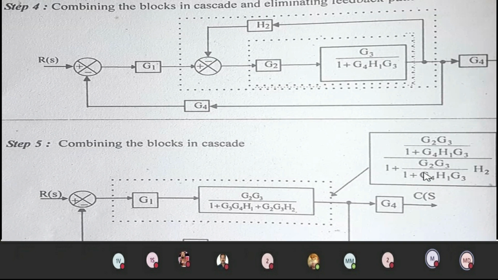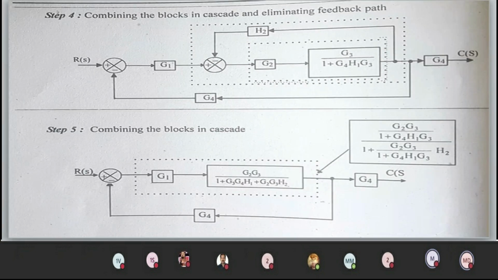And you can notice one thing, you are not using any complex rules here. That is, you are not moving the summing points, because moving the summing points requires some complex step where the possibility of making mistakes is more.